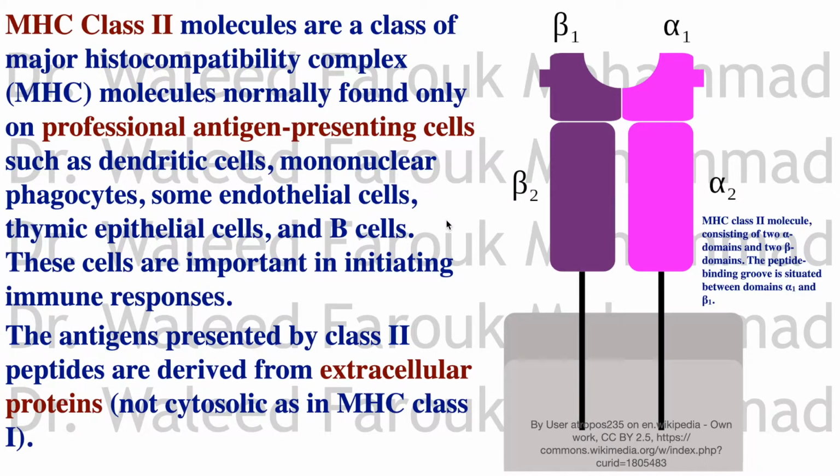And the antigens presented here are from extracellular proteins, not cytosolic as in MHC class 1. It's made up of 4 domains, 2 alpha and 2 beta, and a peptide binding groove between alpha 1 and beta 1, as you can see here.